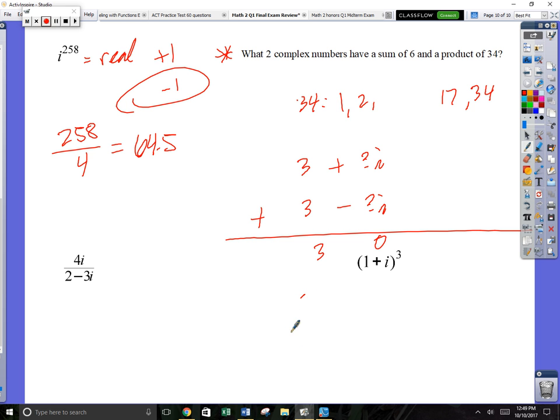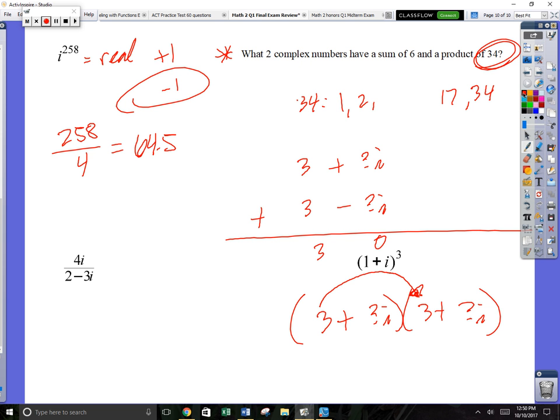So now when I multiply them, it's going to be 3 plus something i times 3 minus something i. Now when I start distributing, because anytime you multiply two complex conjugates, they will always create a real number. So I start to distribute 3 times 3, that's a 9.